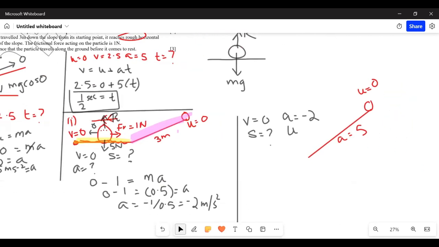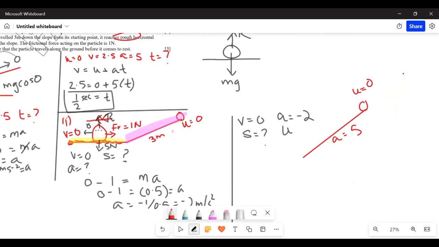Distance is 3 meters. This distance S is 3 meters. So use these 3 parameters to find V at the bottom of the slope, which will serve as U for the horizontal motion.